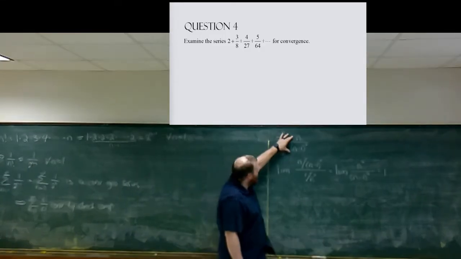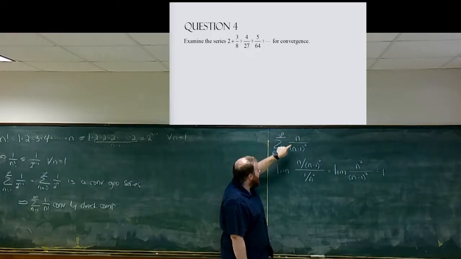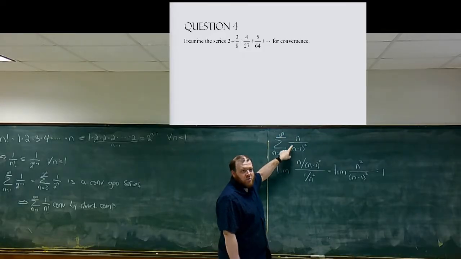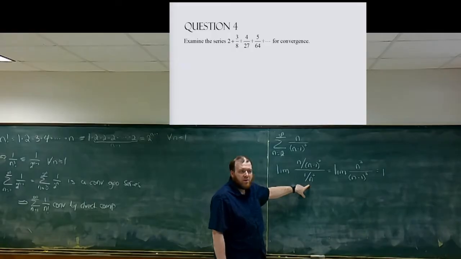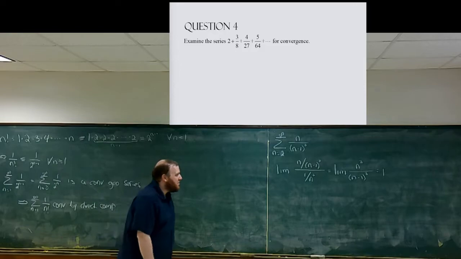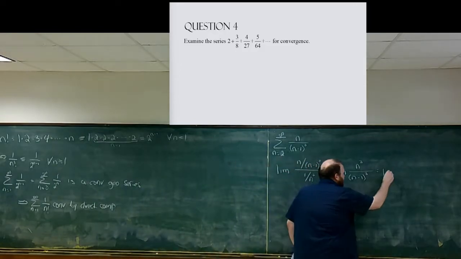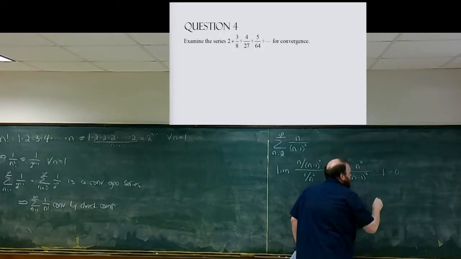So you look at this term and ask, how does that term behave as n goes to infinity? It behaves like n over n cubed, which is 1 over n squared. There's my comparison, 1 over n squared. Well, that's greater than 0 and finite.